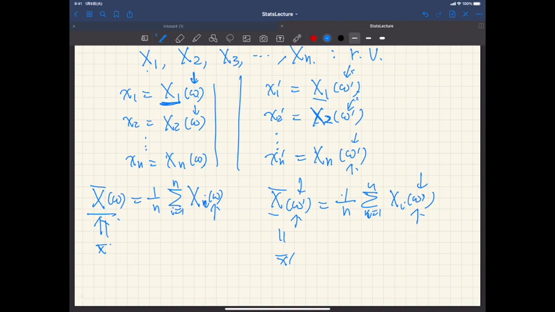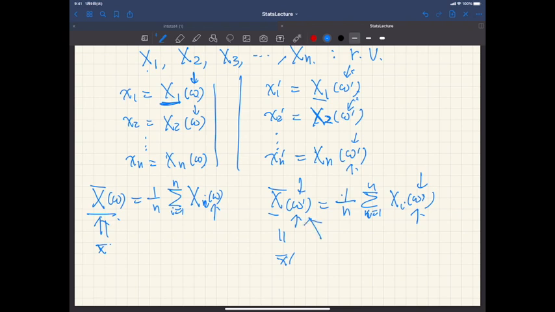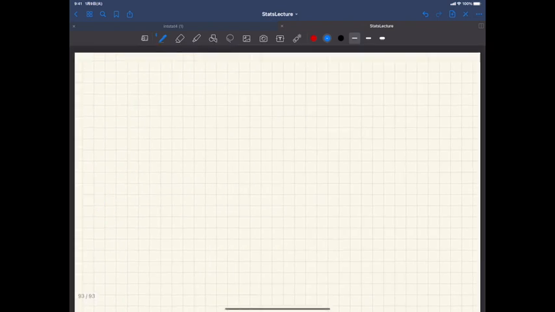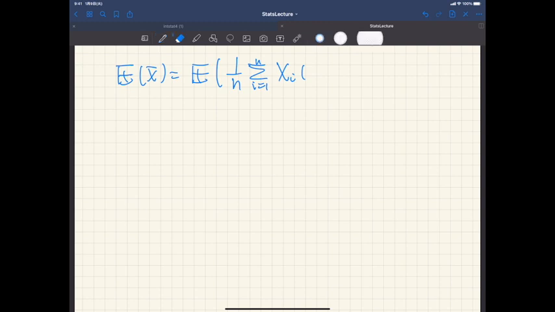So in principle, we can calculate the expectation value of this. So the expectation value of x bar, we can calculate. So let's do it. The expectation value of x bar is, by definition, x bar is 1 divided by n times the sum of all these random variables.